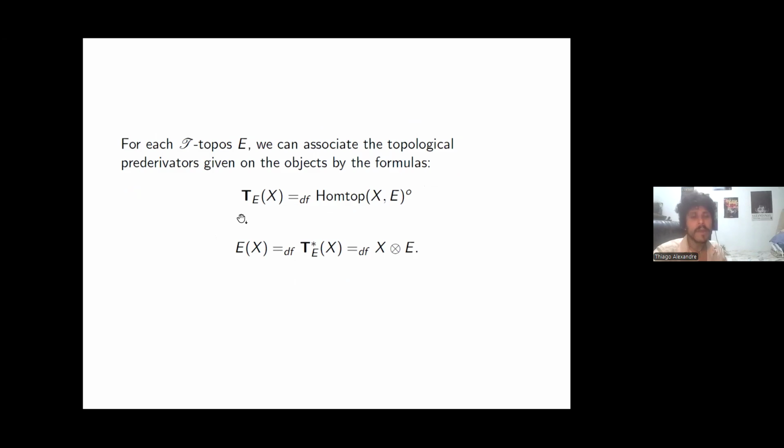The first one assigns to each T topos X the category of geometric morphisms from X to E. The other one assigns to each T topos X the product of X with E, the topological product, because it's the product in the true category of T toposes.